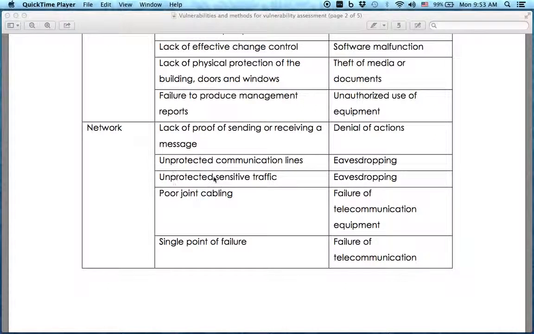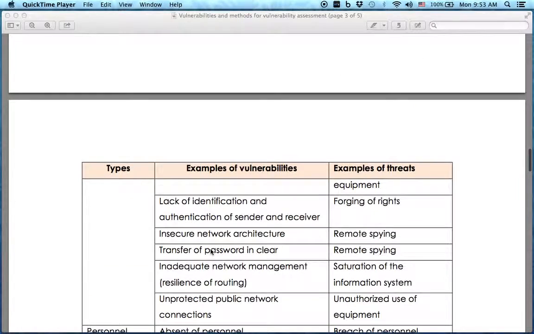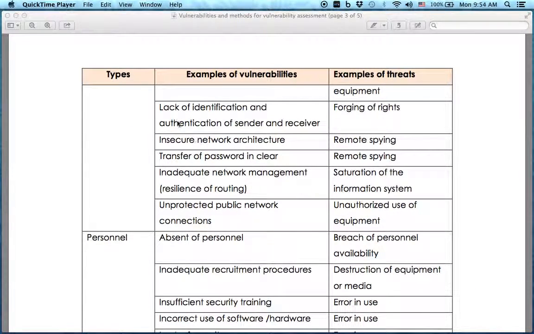Unprotected sensitive traffic, the threat is eavesdropping. A single point of failure, the threat is a failure of communication. This we refer to as full HA or redundancy. A lack of identification and authentication of sender and receiver, the threat is forging of rights.